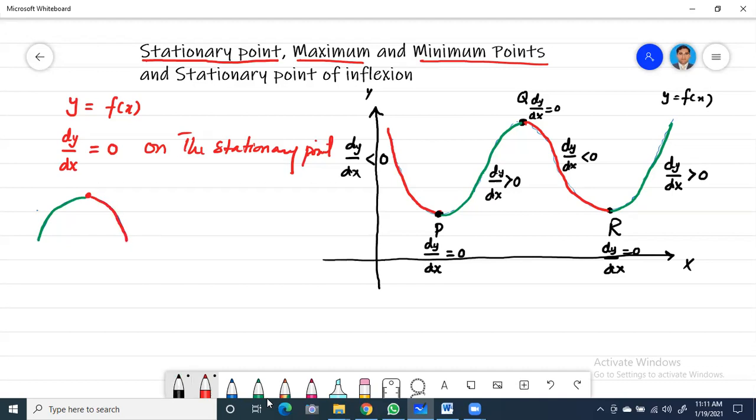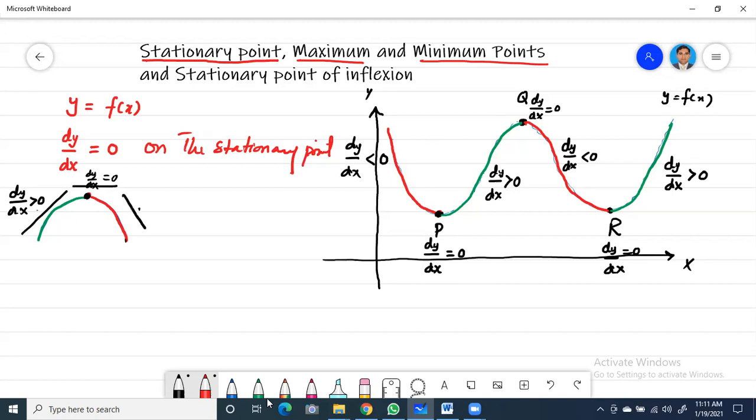You can see here, before the turning point, this portion has a positive gradient, dy divided by dx greater than 0. At the turning point, it will always be 0, dy divided by dx is 0, and after the turning point it's decreasing.